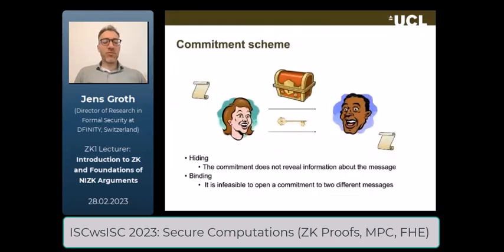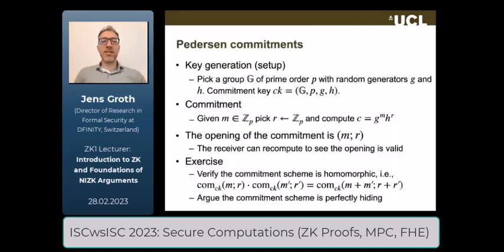One way to create a commitment scheme is to use encryption, and then later on reveal the plaintext and the randomness used to generate the ciphertext. Another very popular commitment scheme is the Pedersen commitment scheme.